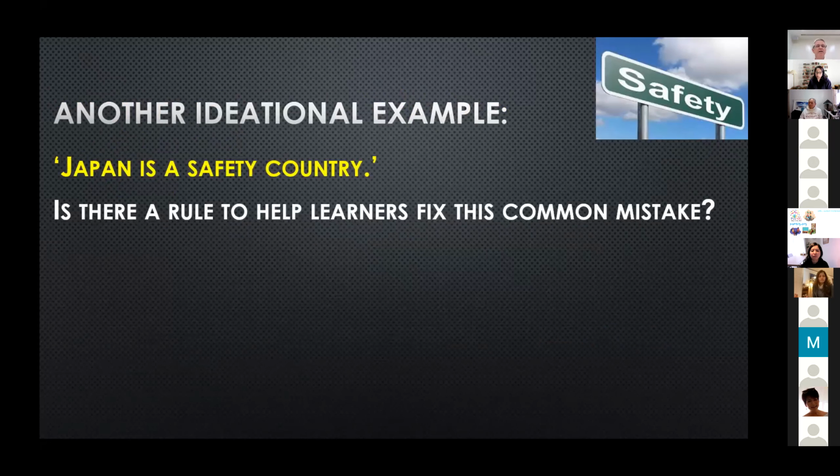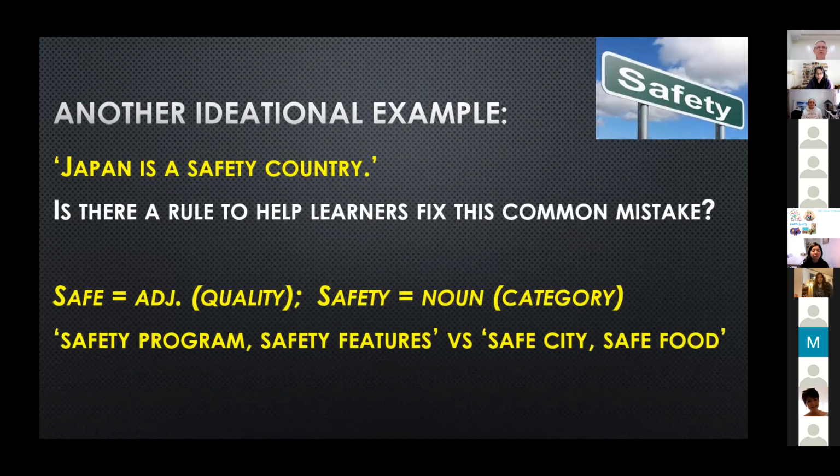A final example of this, "Japan is a safety country." You've probably heard this many, many times. Well, is there a rule to help learners fix this problem? Yeah, probably you've done something like this before. Okay, safe is an adjective, safety is a noun. Maybe you give them some examples like I've done here. Okay, however, do you think they'll have it now?